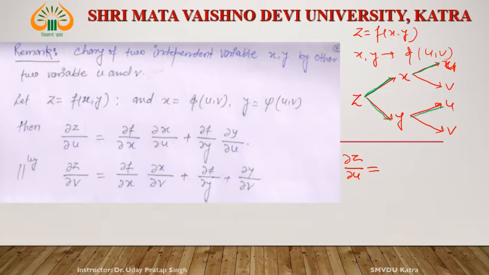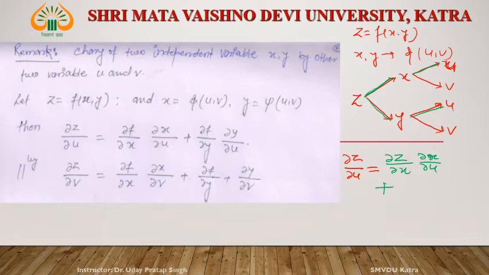It means del z by del u is equal to del z by del x times del x by del u, plus del z by del y times del y by del u. Don't say that del x cancels out, this is a big statement.